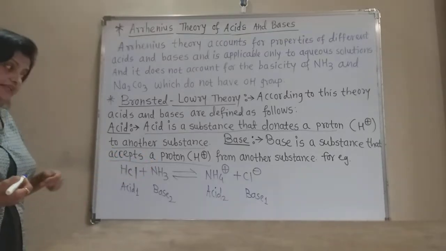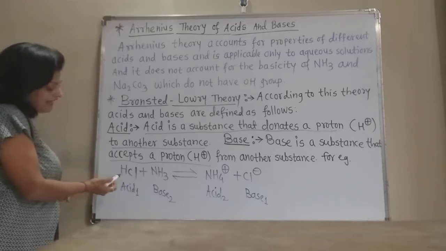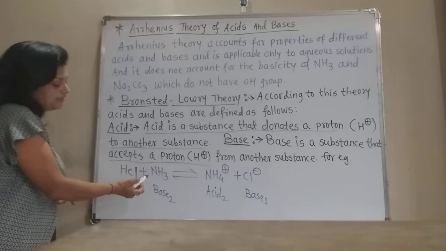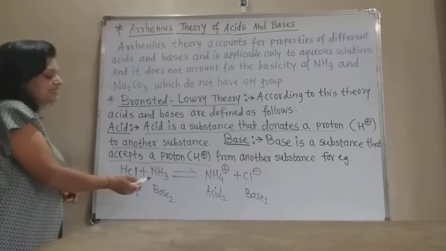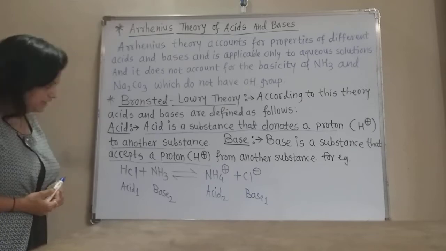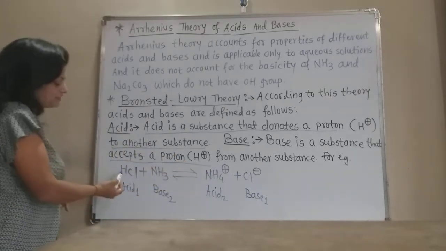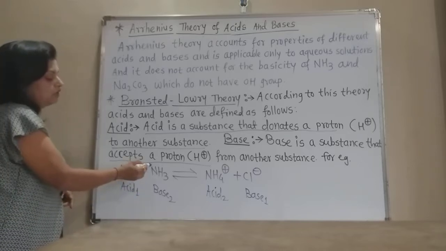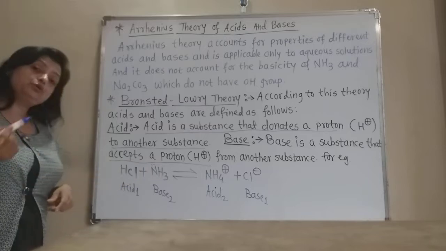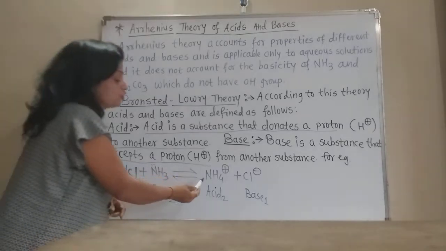For example, see here, this is HCl. Now, it can give the H+ ion to this base, ammonia, NH3. So when this HCl gives the H+ ion to the ammonia, it becomes NH4+. Because the H+ ion is given to this NH3, there is a lone pair of electrons on this nitrogen, and due to that, the H+ ion gets bonded here, and there is formation of NH4+.